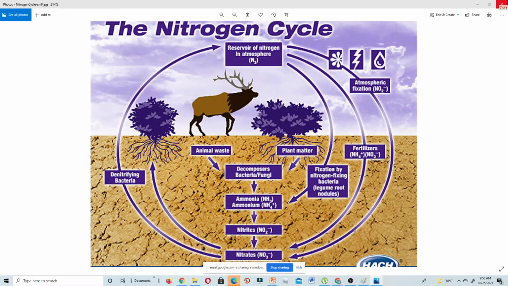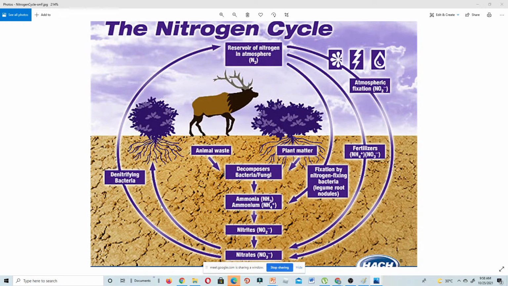What these will do is that the decomposers will break down the animal waste and the plant waste. First, it will convert them to ammonia. Then it is going to convert it from ammonia to nitrites, and then convert it to nitrates. So in this format, as nitrates, plants can absorb it. And that is why you're seeing the line coming from nitrates going towards plant.